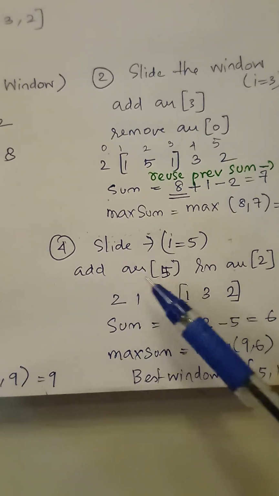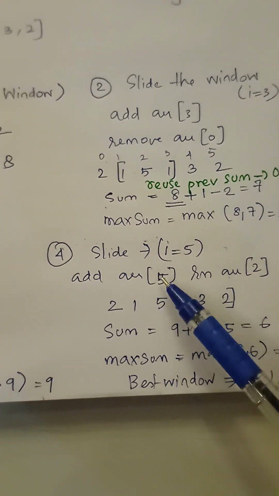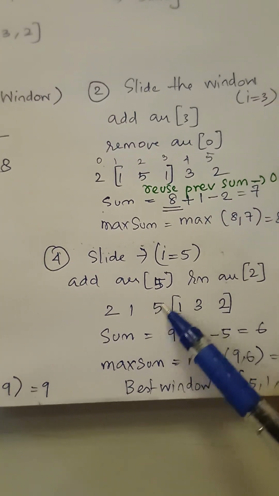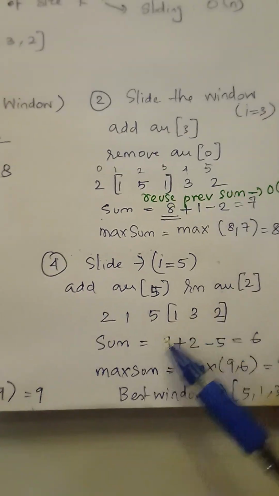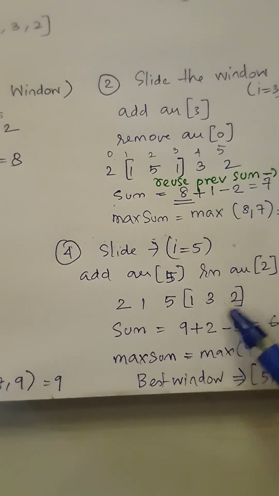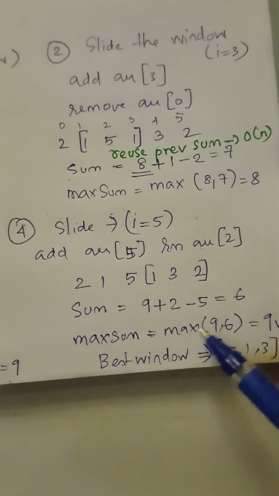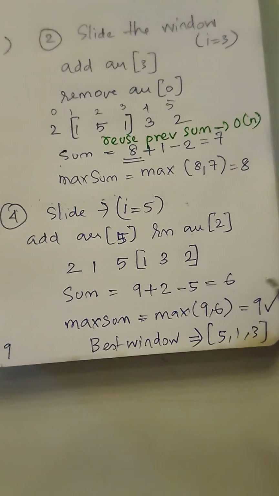So here we are going to add the last array element, array at index 5, and we are removing the index 2 element 5 again, right? So here we have 1, 3, 2. So the previous sum value is 9. So 9 plus 2 minus 5, which equals 6, and we are checking this again, and out of these two obviously 9 is greater.